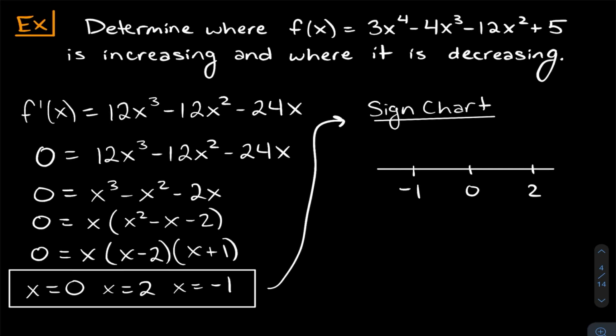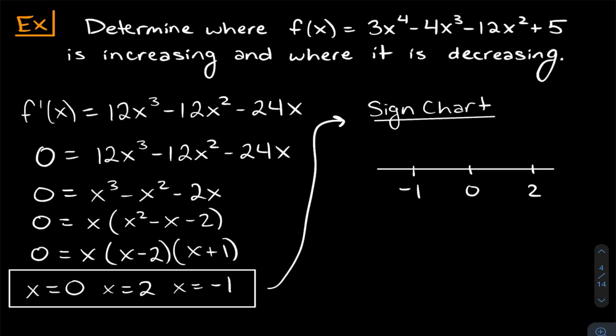You don't have to do that, because if you get a critical point that's -10, you'd be shoving these things right next to each other, and that would be terrible to look at. But having them in order is key. So -1 goes first, then 0, and then 2. The sign chart is called that because you're going to put different signs here, positive or negative. That is going to be whether, from -1 to 0, this thing has negative slope, and from 0 to 2 maybe has positive slope, and that's how we mark that.